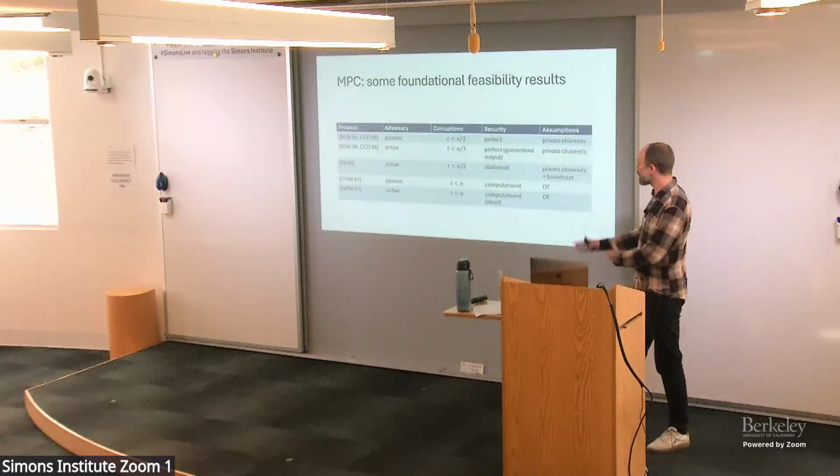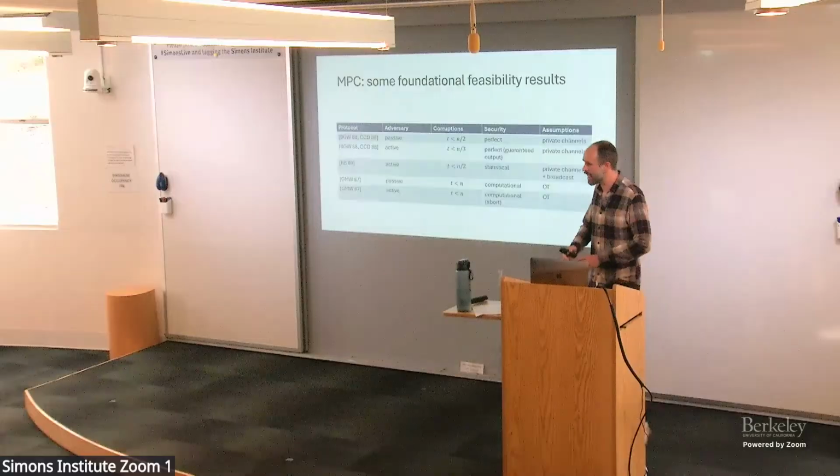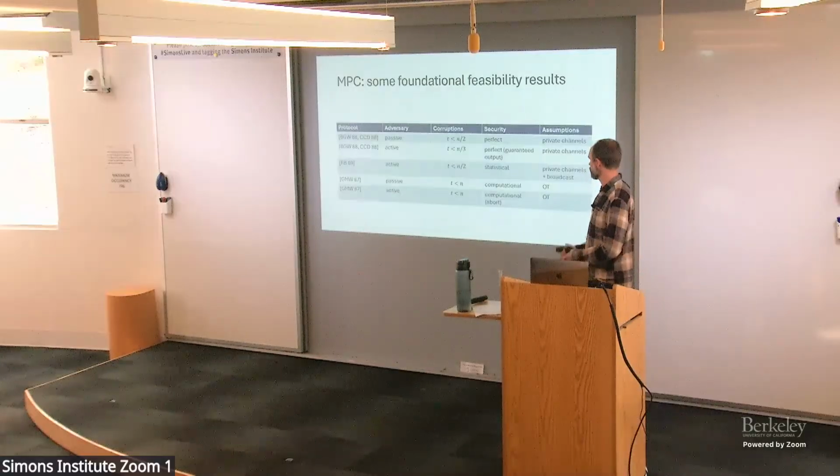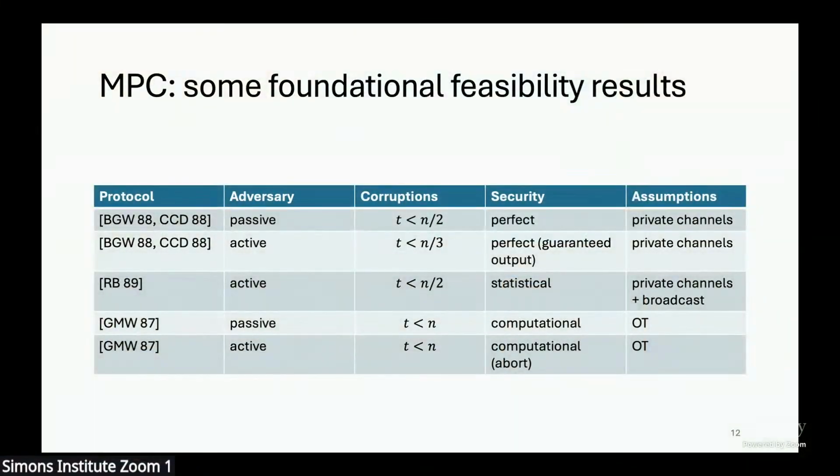And then in the dishonest majority setting, where any number of parties or all but one of the parties might be corrupted, we know that we need computational assumptions. And in this case, if you have an oblivious transfer protocol, this turns out to be complete for MPC, and you can securely compute any function. With passive security, that is.